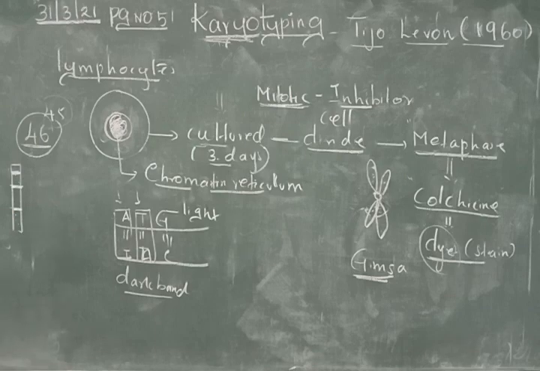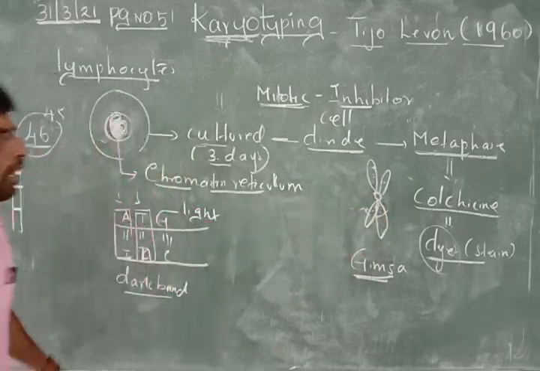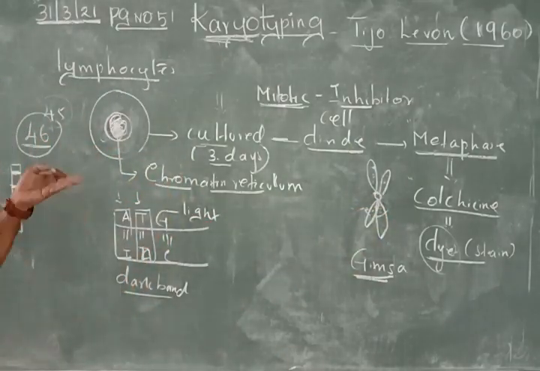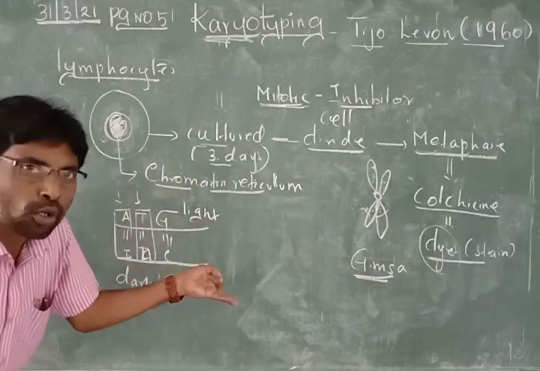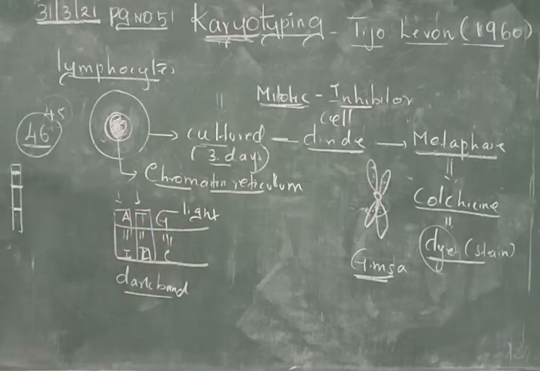Okay, so before doing this procedure, after all this dyeing, you have to place this entire set of chromosomes on a slide, keep it under a microscope, take a photograph, and in the photo you will have all these 46 chromosomes.